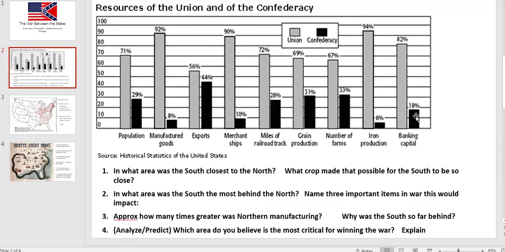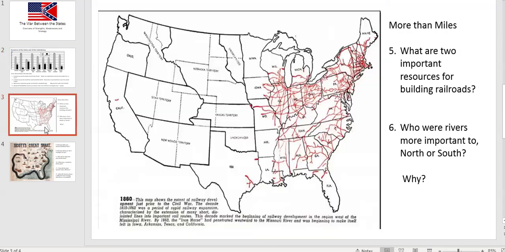So it's not like you can open up a restaurant and then expand the restaurant as you get more customers. You can't have customers on a railroad until you've paid for the construction and the completion of the entire line. So this represents that the North has way more iron, but it also has way more capital for them to have completed all these rail lines.